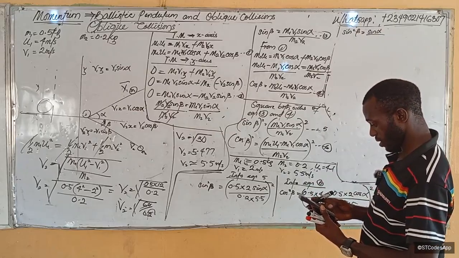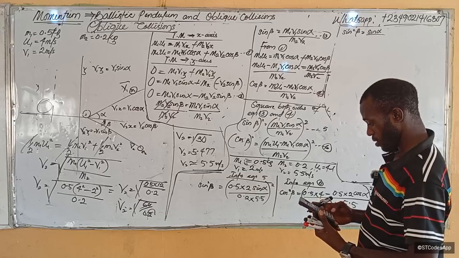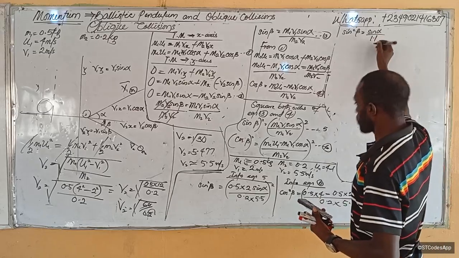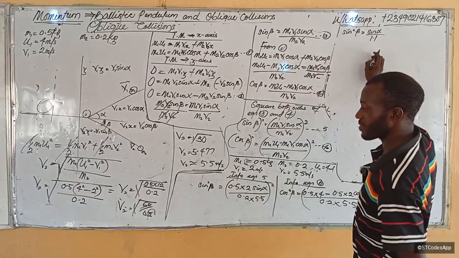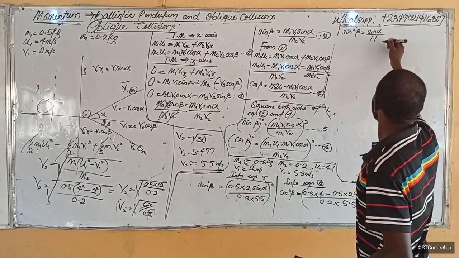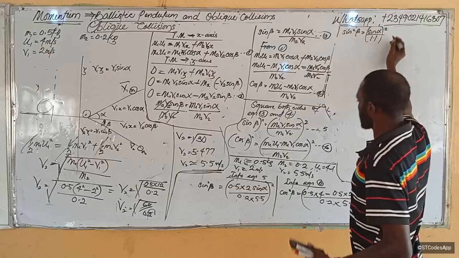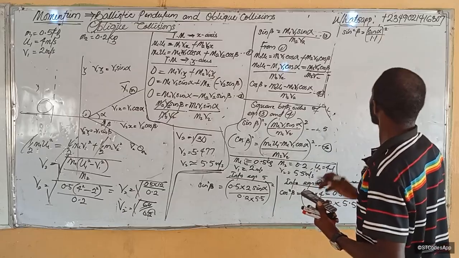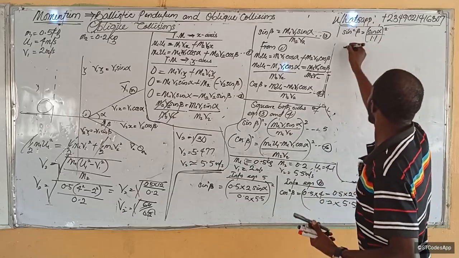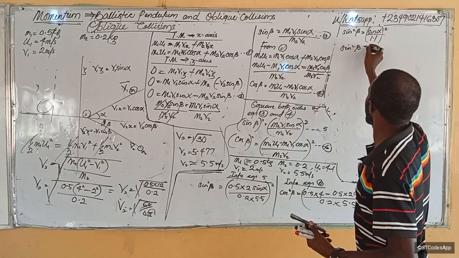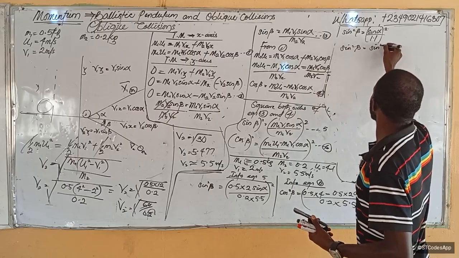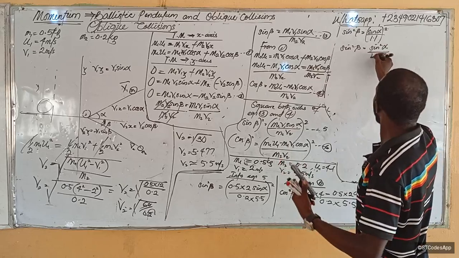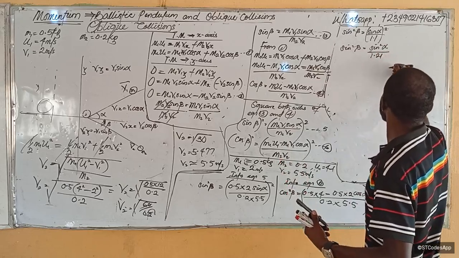I hope we didn't make any mistake. 1.1. Anyways, so all squared, right? Times 1.1, 1.21. So our answer here becomes sine squared beta equal to sine squared alpha over 1.21.